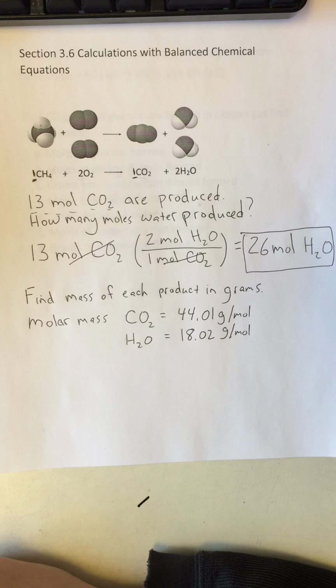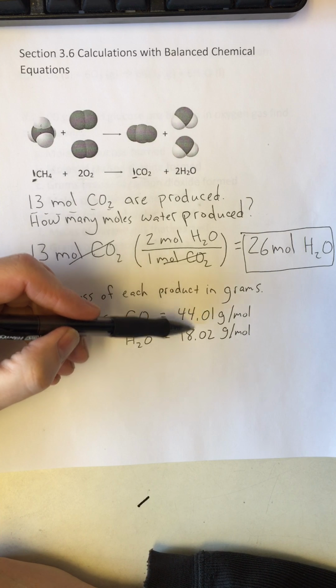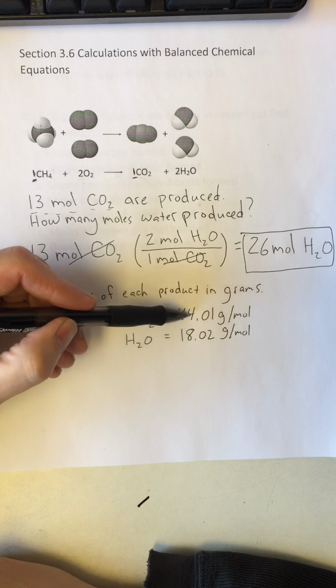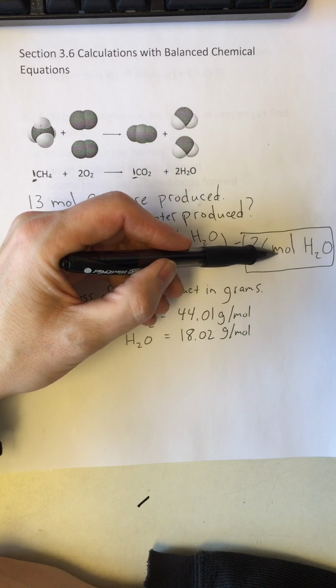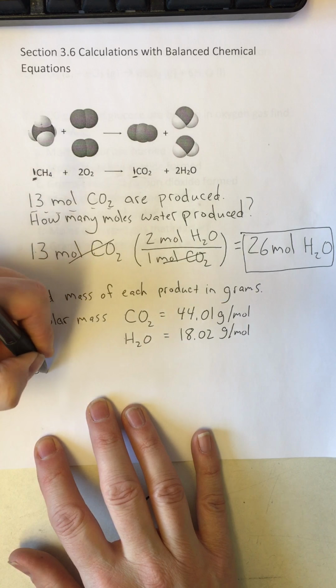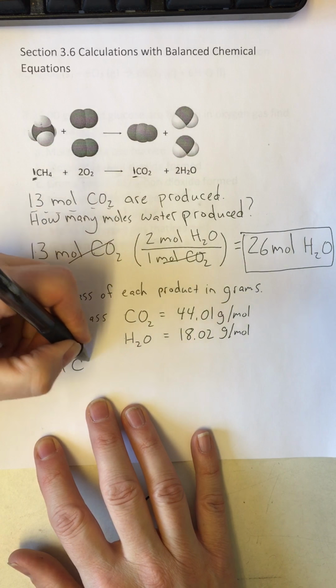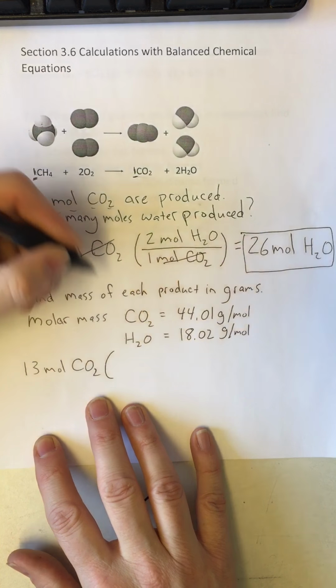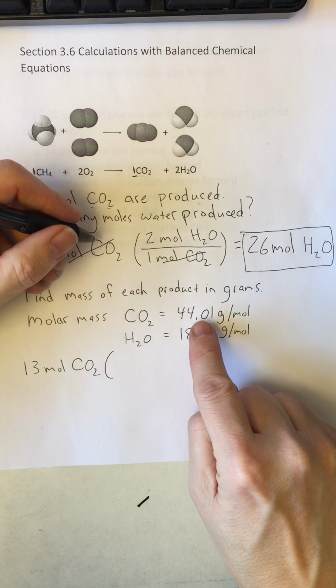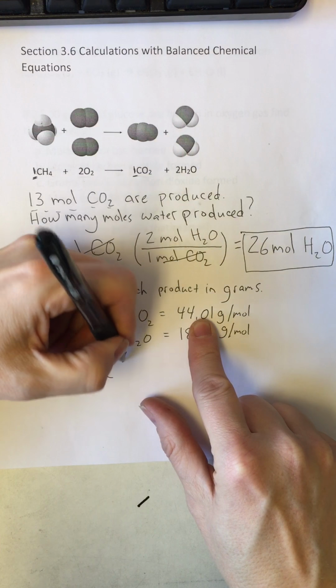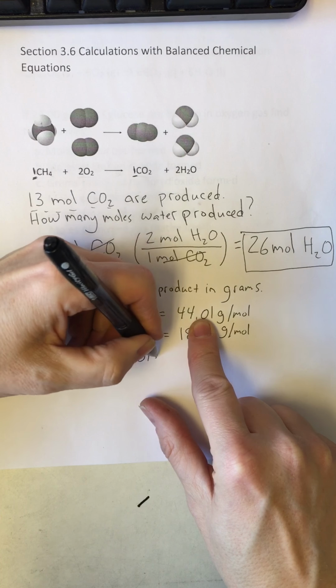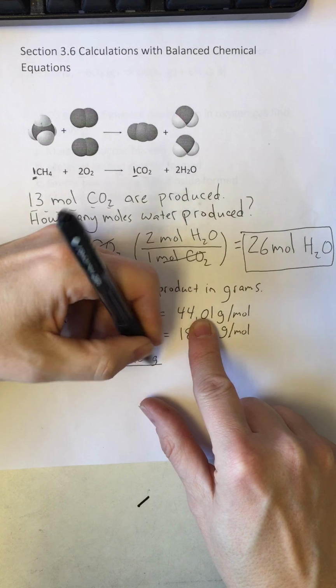Find the mass of each. These are conversion factors. You use molar mass as a conversion factor to go between moles and grams or grams and moles. So if we have 13 moles of CO2, I'm going to multiply that by 44.01 grams per 1 mole.